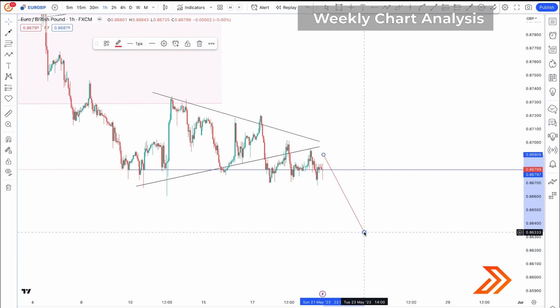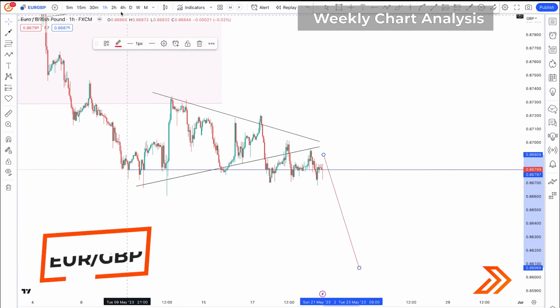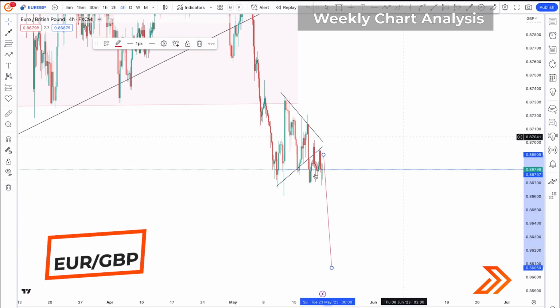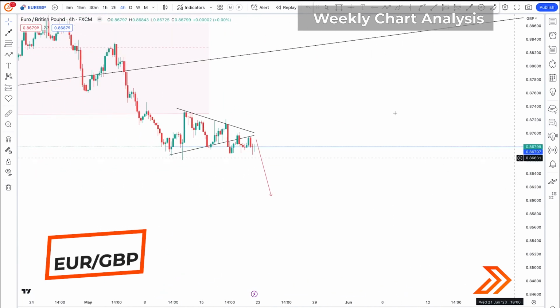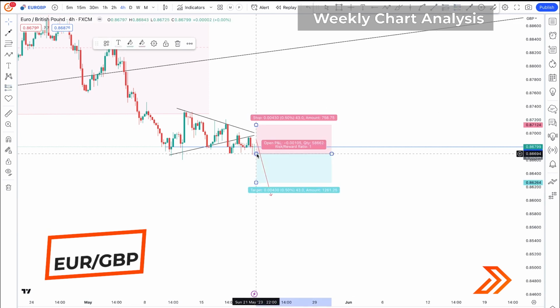All right, so for this week, my bias on euro pounds is to look for more sells. I'll be expecting price to fully break out of this zone here.